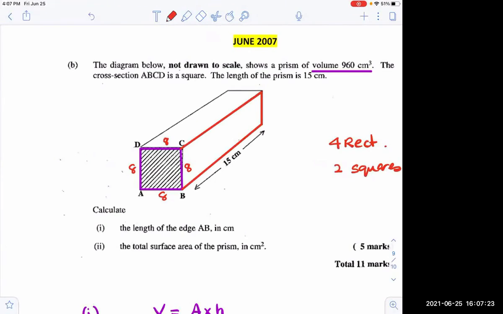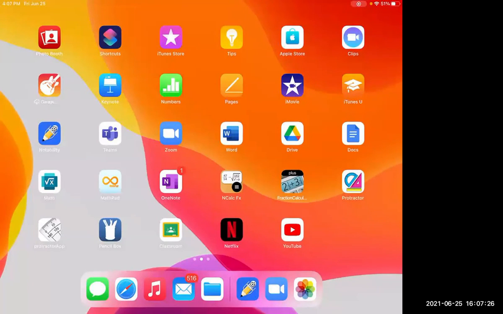Watch this. This is my foil box. This here is a square. So for this rectangle, it is 15 by 8. For this rectangle, this side is also 8, so it's 8 by 15.